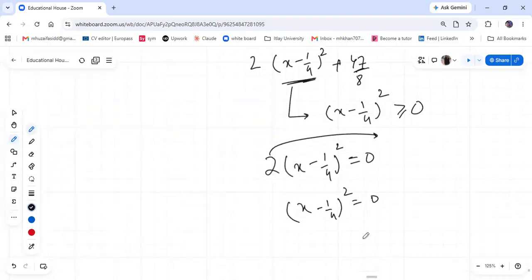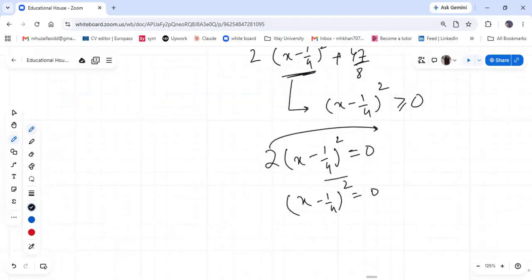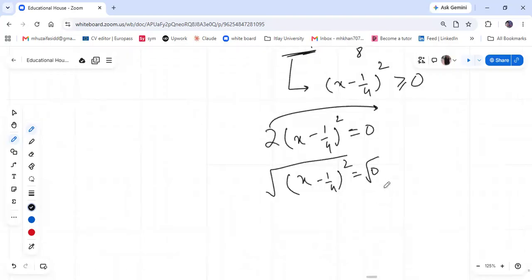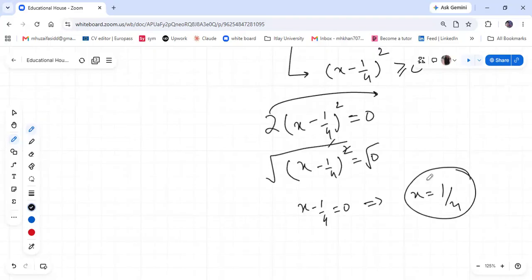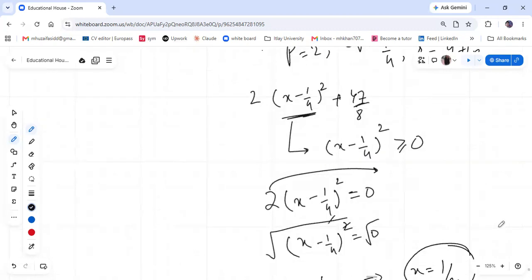Again, taking the square root on both sides, we are not using plus or minus because this is 0, so it cancels out. This is x minus 1 over 4 equal to 0. So our x is equal to 1 over 4. Okay, so got it?